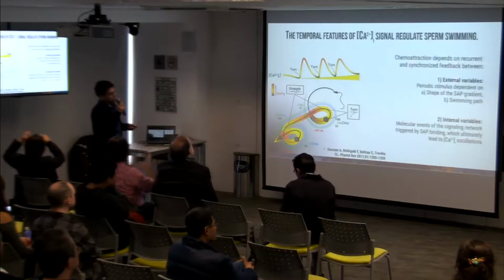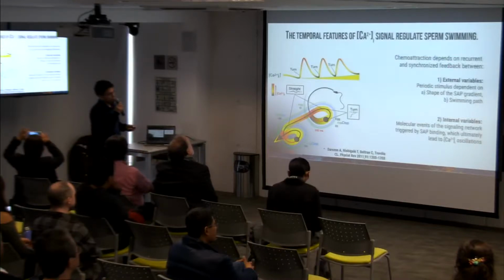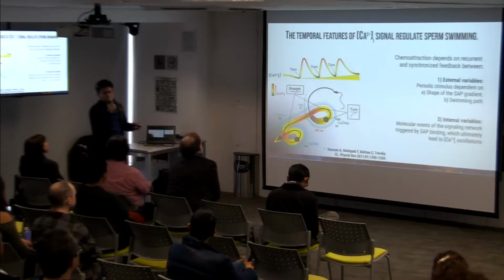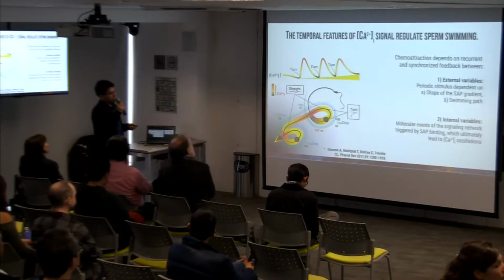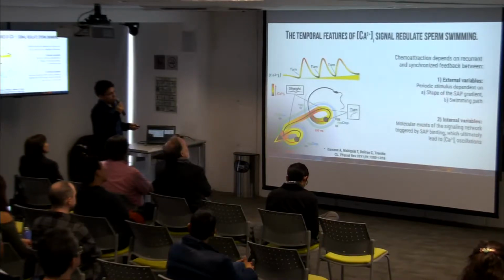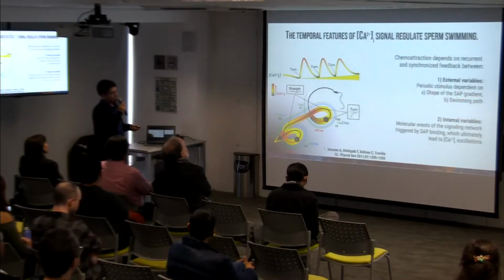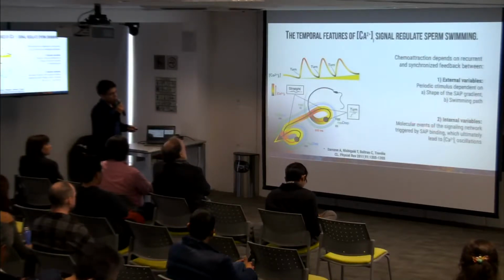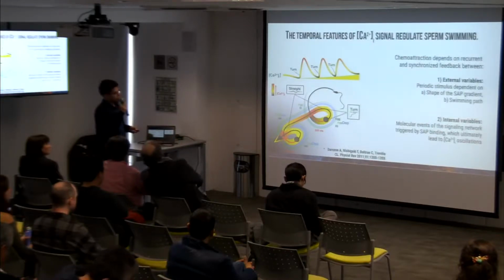The external variables are given by the periodic stimulus that the sperm encounters as it approaches the egg, so there is the shape of the SAP gradient and how the sperm swims in this gradient. The internal variables are all the molecular events in the signaling network that ultimately lead to calcium oscillations.